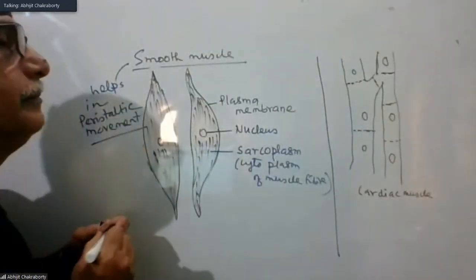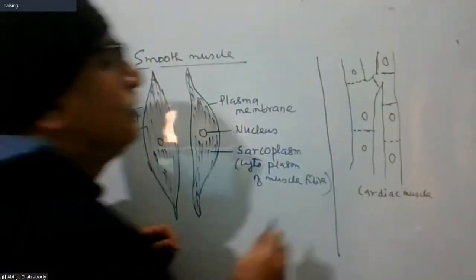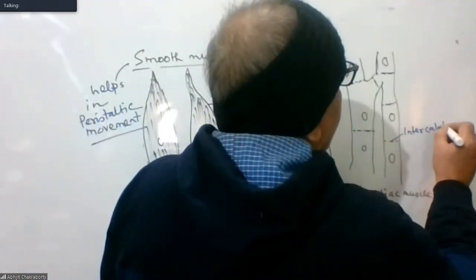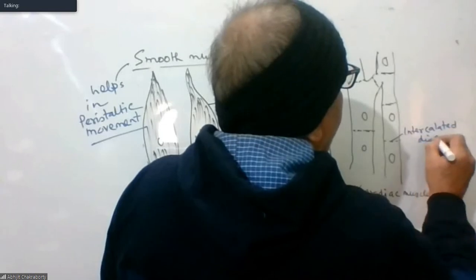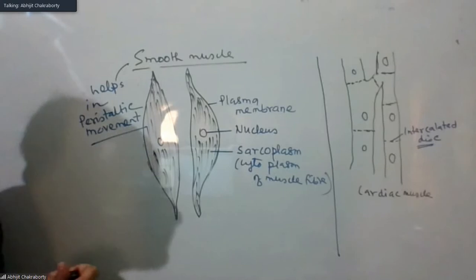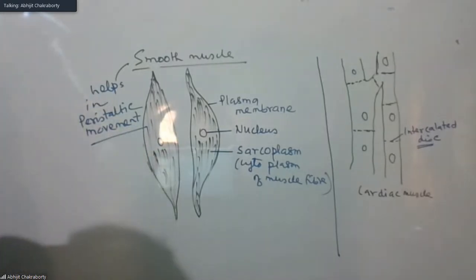Cardiac muscles are joined by intercalated discs so that they behave like a single muscle fiber which helps in propagation of nerve impulse.